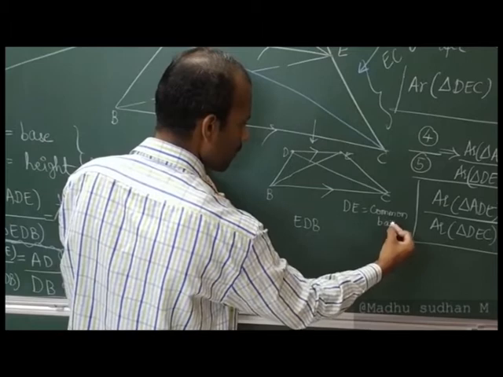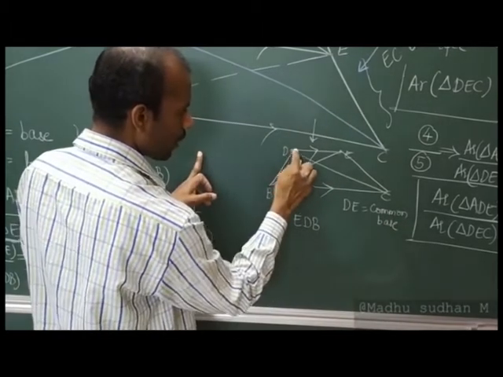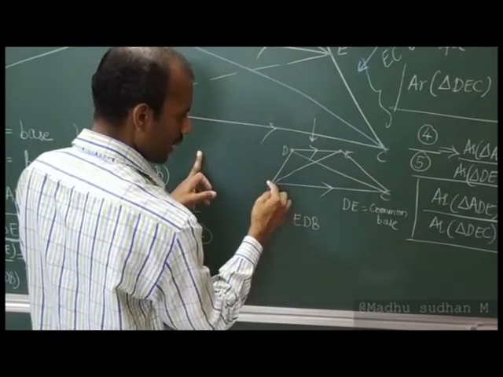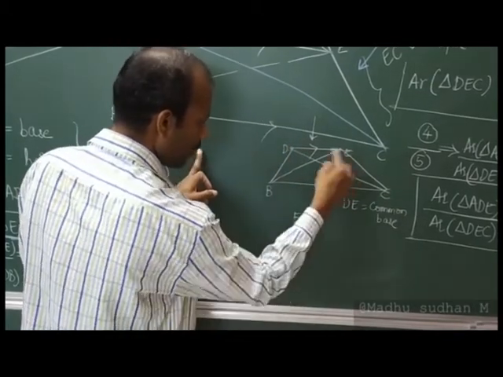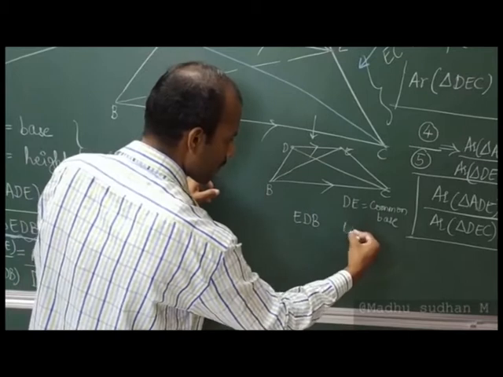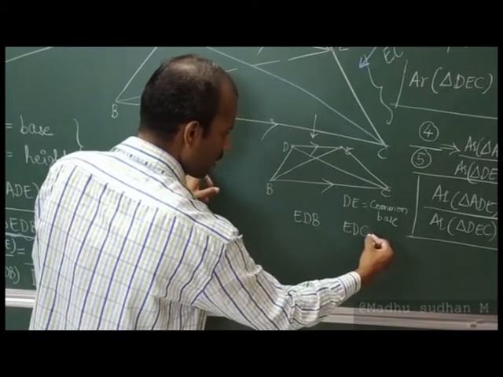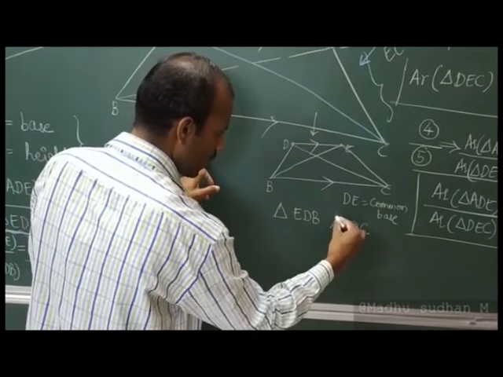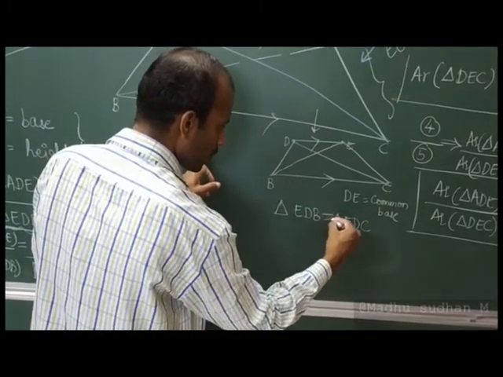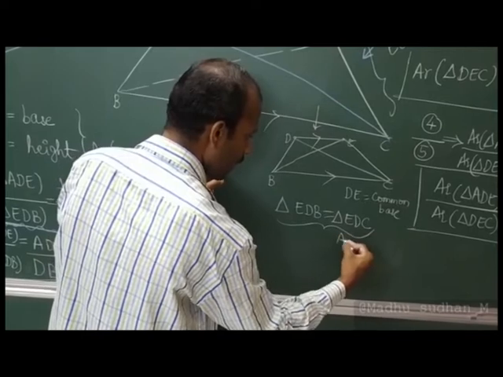On this common base, you can find a DEB triangle and a DEC triangle, right? So EDB and EDC.